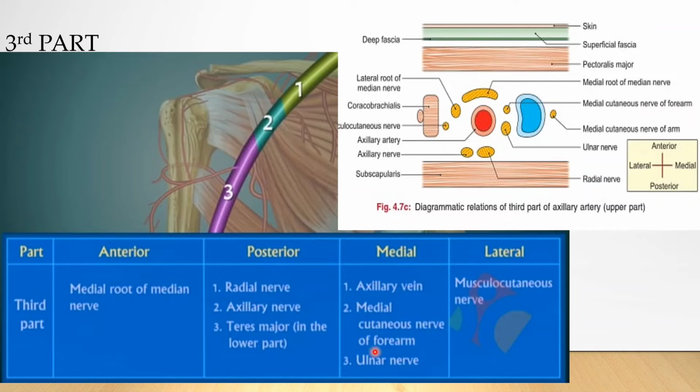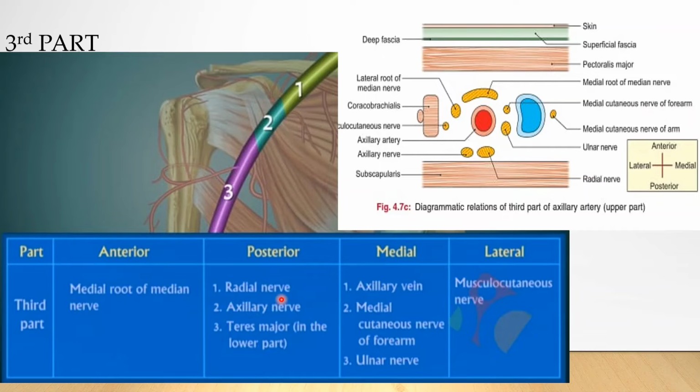See, these nerves are very easy to remember. See here, anteriorly I said medial root of median nerve. So this median nerve is dividing in this part as medial root and lateral root. So medial root of median nerve is anteriorly, and posteriorly, as we know, radial nerve is the nerve which supplies the posterior part of the muscles of the arm.